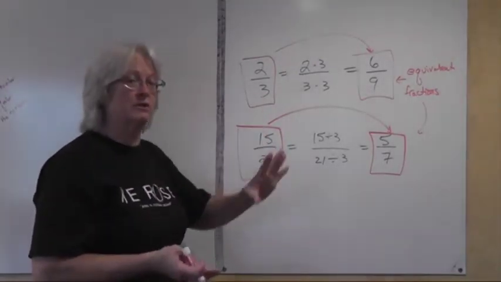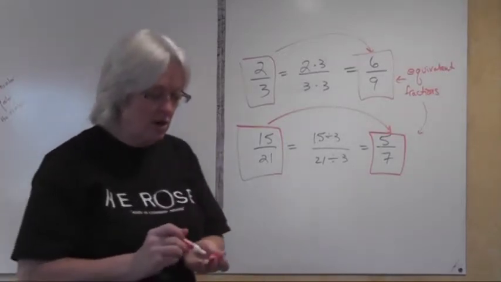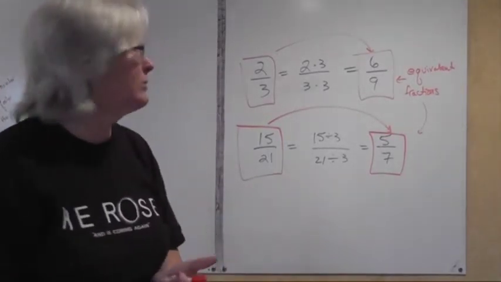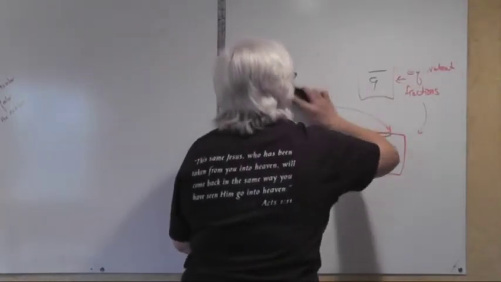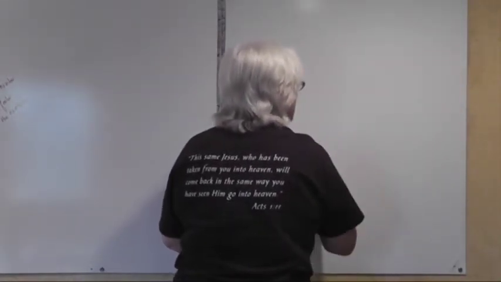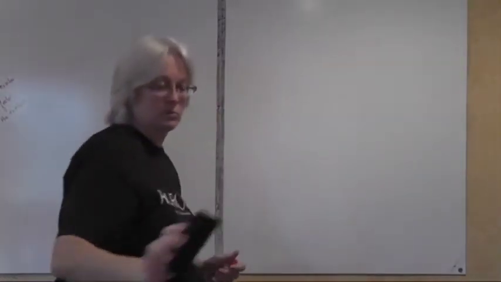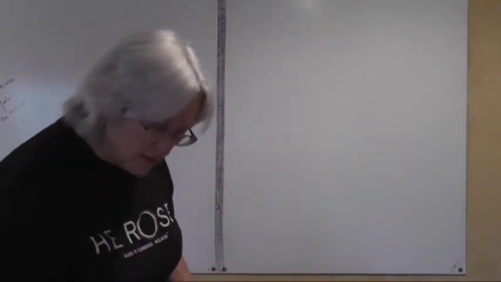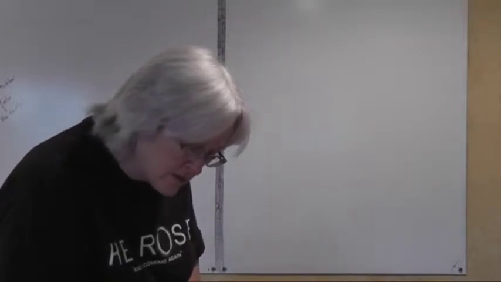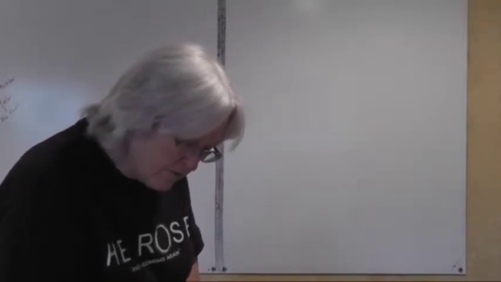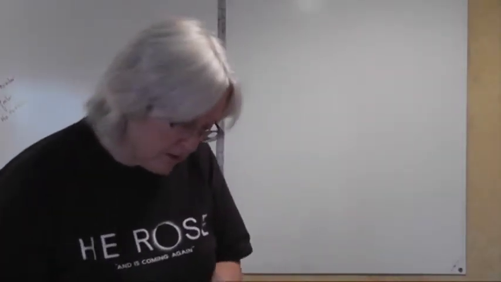So we've already illustrated that, but there's also a way to identify whether or not two fractions are equivalent, and that's by using something called cross products. But before I talk about cross products, let me look at example number 1 here.